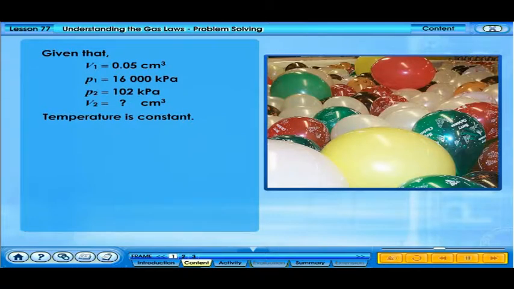Given that V1 equals 0.05 cubic centimeters, P1 equals 16,000 kilopascal, P2 equals 102 kilopascal. Temperature is constant.